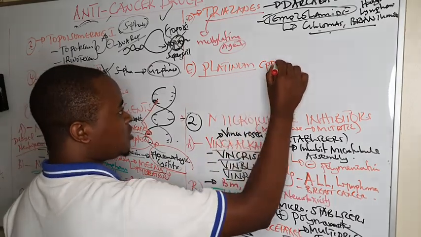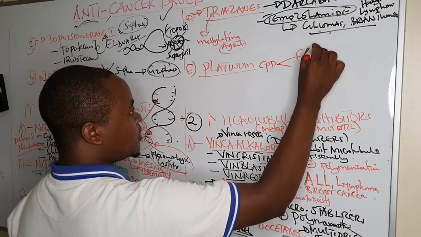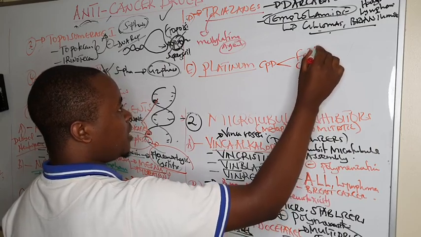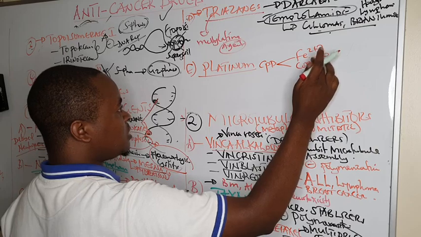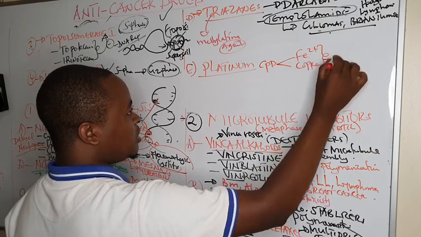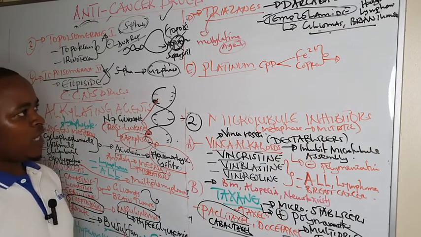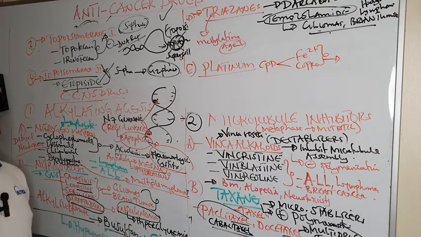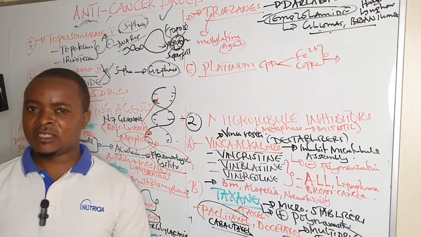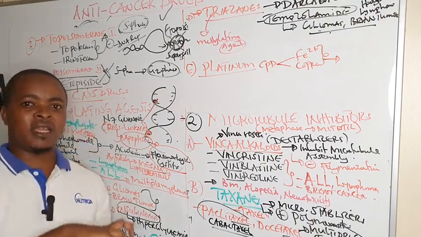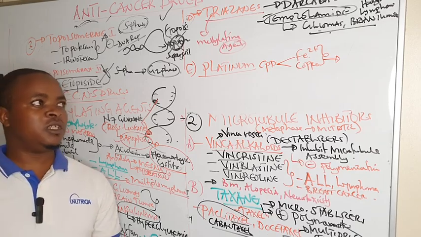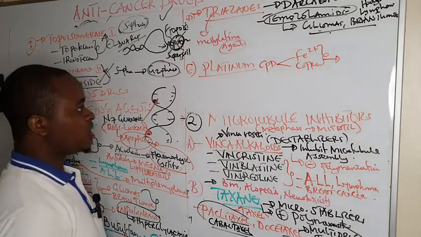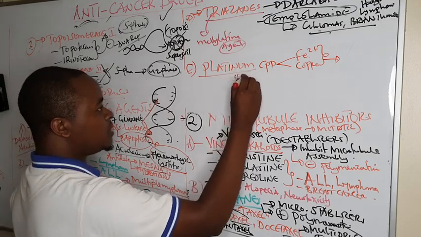Their mechanism of action is that they bind DNA and form compounds which prevent DNA replication. So platinum analogs are not true alkylating agents, but they also act by causing alkylation of DNA.